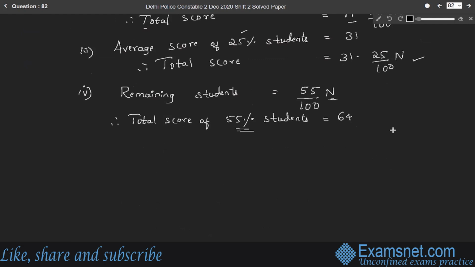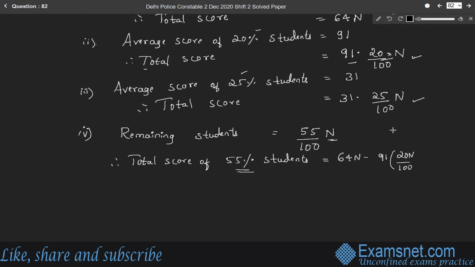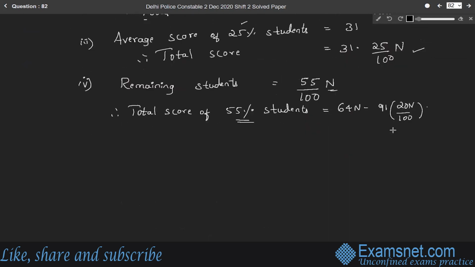So it is 64n minus 91 into 20n by 100, that is the total score of 20% students, minus 31 into 25n by 100. Simplify it, it becomes 6400n minus 91 into 20, which is 1820n, minus 31 into 25, which becomes 775, I believe.